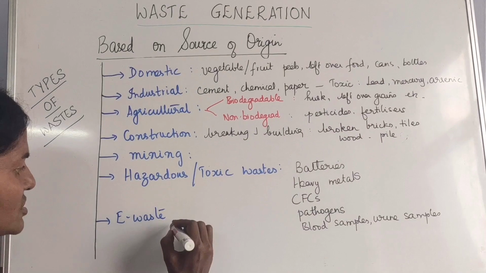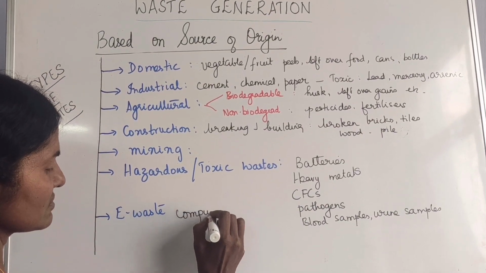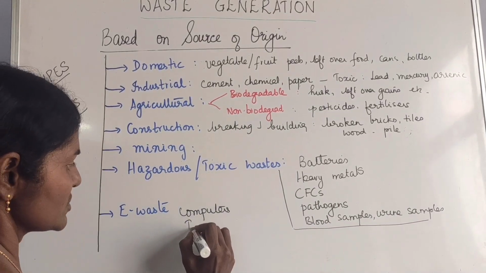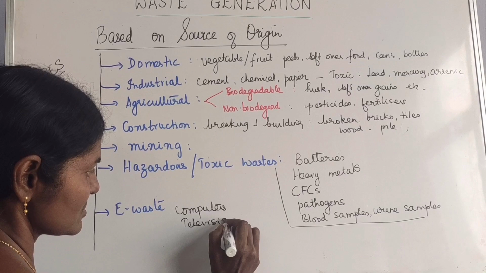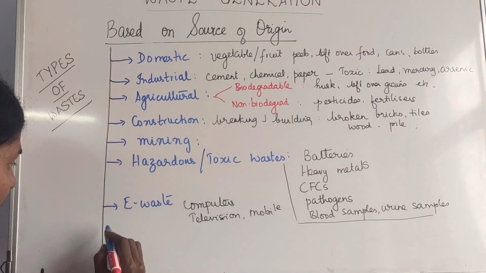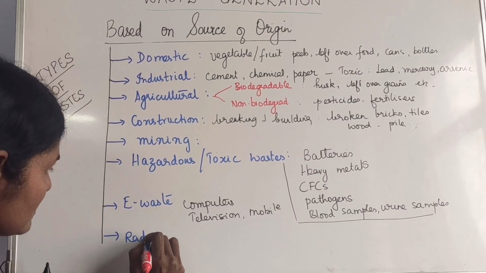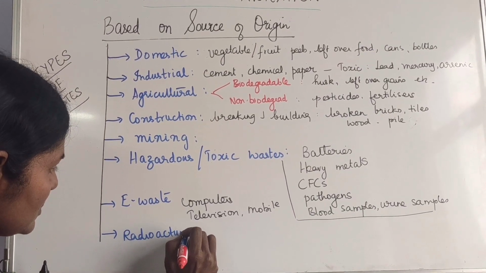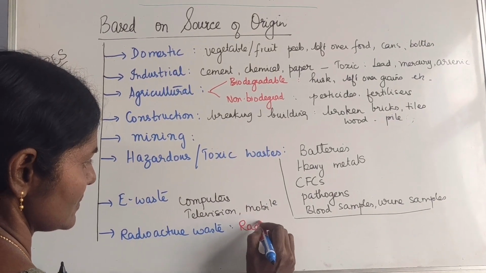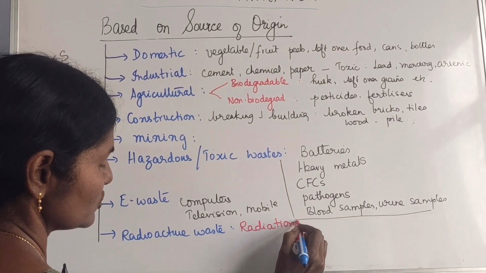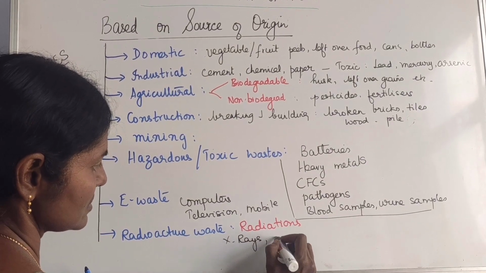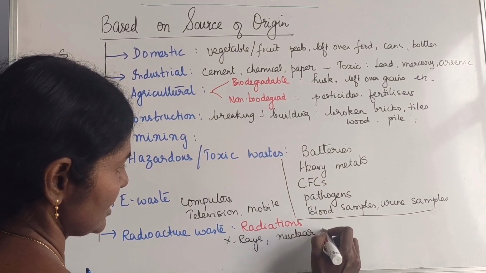Then we also have e-waste which cannot be decomposed. This is talking about computer parts, computers, televisions, mobile phones. These come under e-waste. Then we have radioactive waste. Radioactive waste gives rise to radiations. This comes from X-rays, nuclear plants. In hospitals we have X-rays. Then we have nuclear power plants.